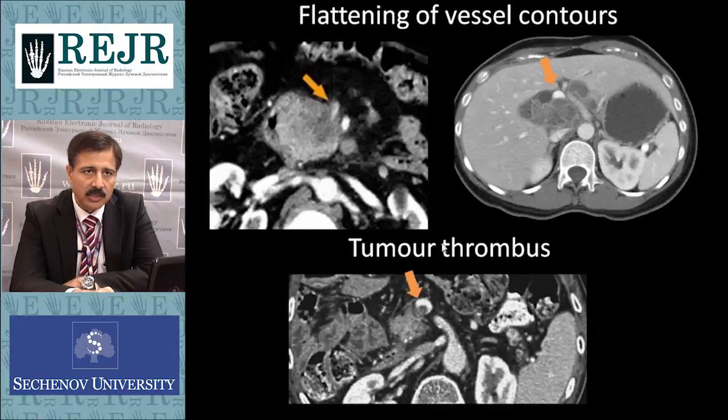There are a few other signs of similar vascular involvement. For example, there is flattening of a vessel here, flattening of a vessel here, and then there is tumor thrombus going into the vessel. All of these are also considered signs of invasion.